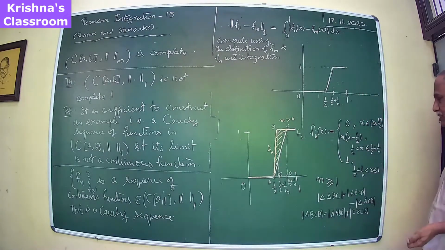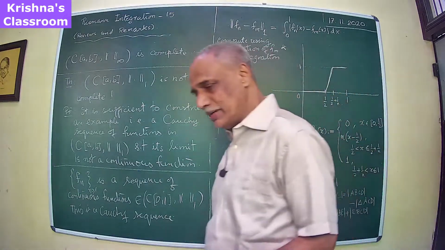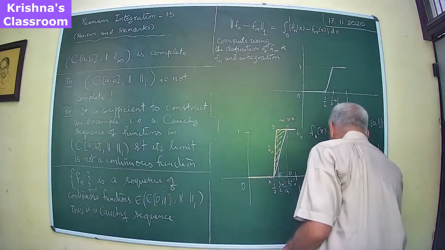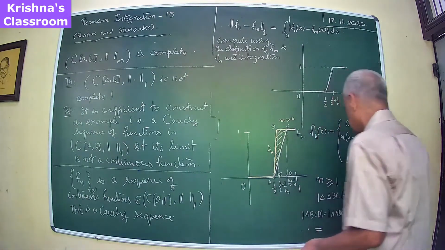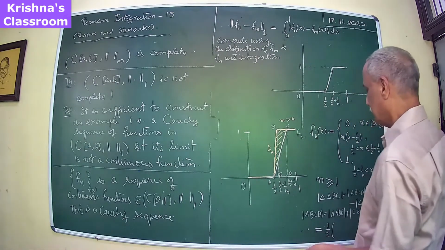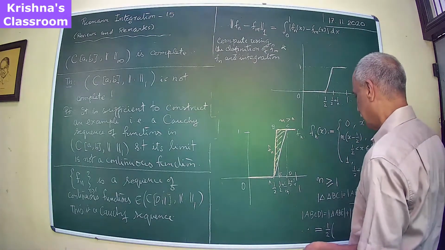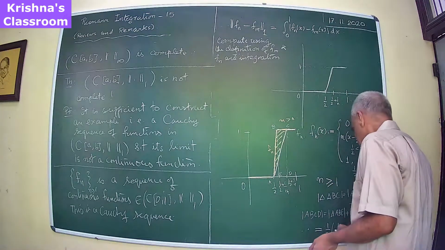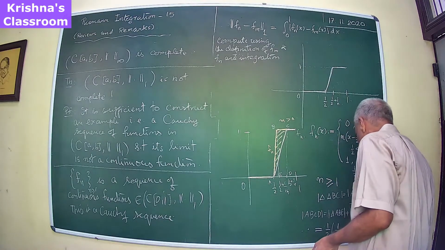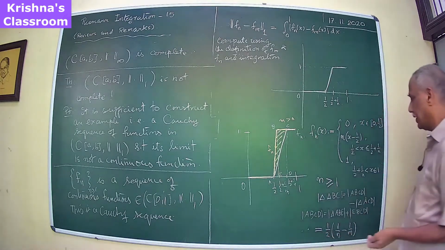So you just estimate this. If you just estimate this, you can easily show that this is equal to half of 1 by n minus 1 by m.